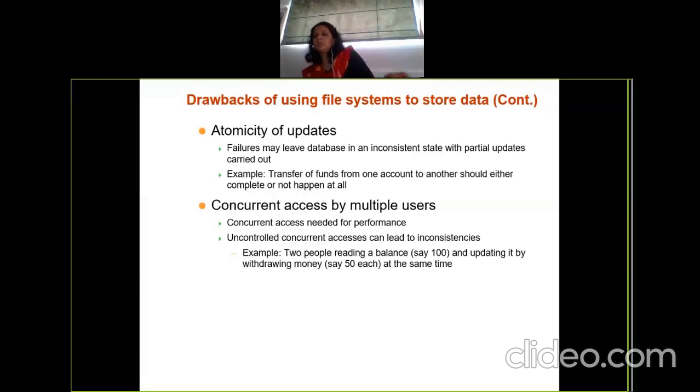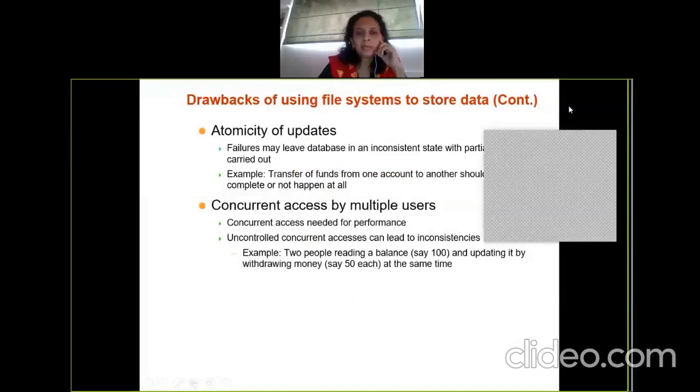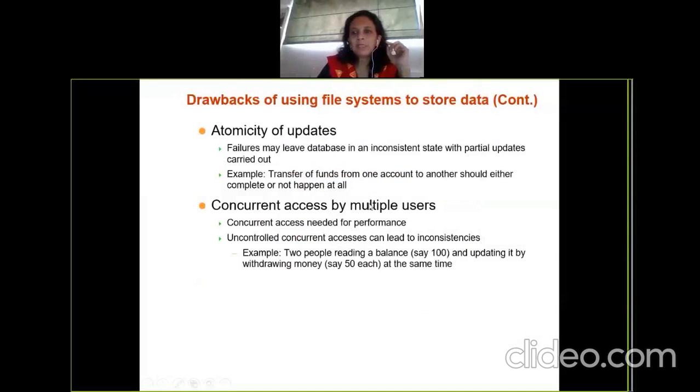Suppose in our typical traditional file processing system, one of the clerks has access. When we consider increasing the performance of the system, most file or operating systems allow multiple users to update the data simultaneously.